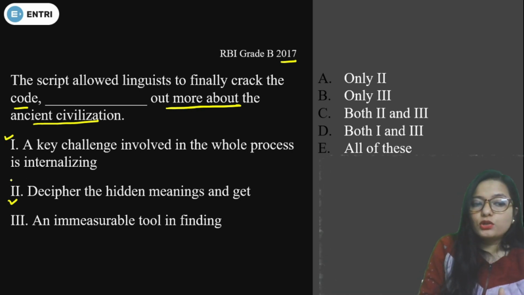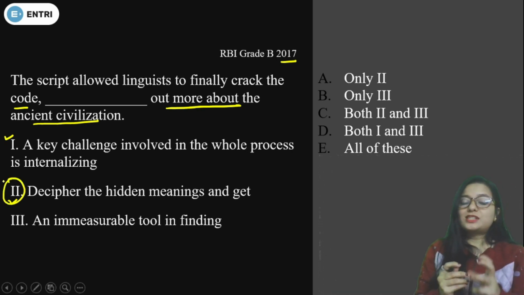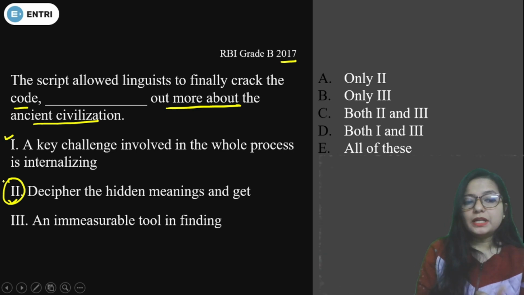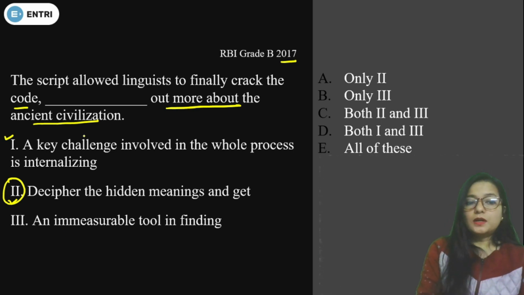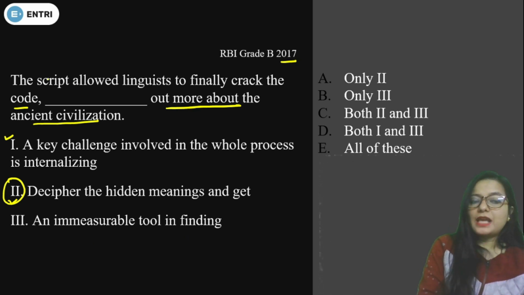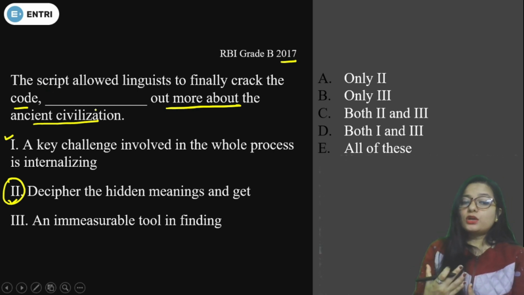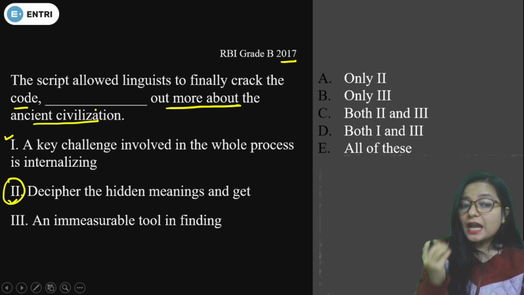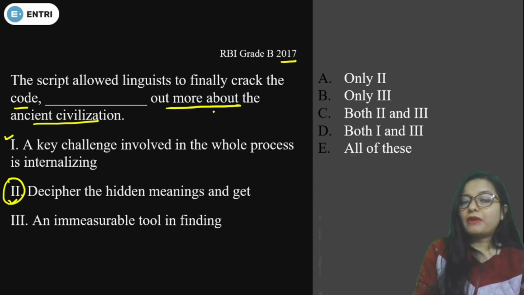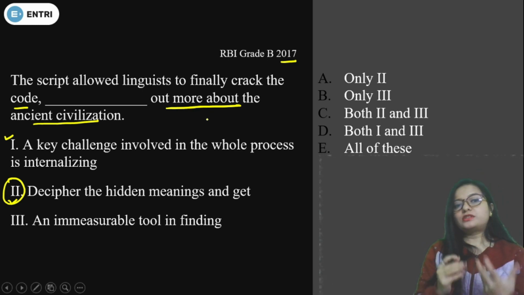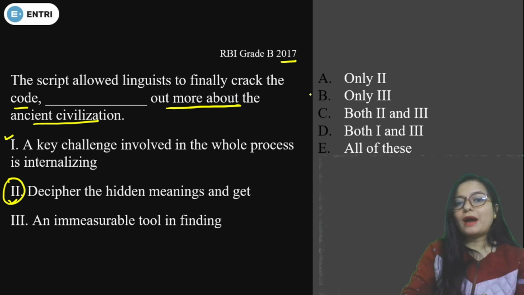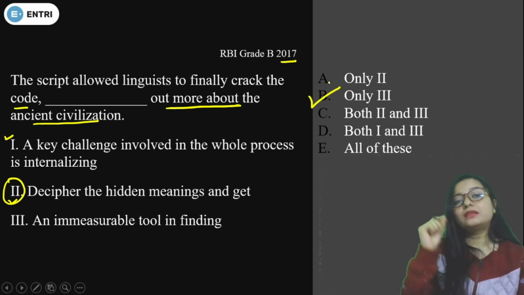No, you cannot use this one also because it means to decode the hidden meanings. But C says, "an immeasurable tool in finding." Yes, we have to use this sentence only. The script allowed linguists to finally crack the code and an immeasurable tool in finding out more about the ancient civilizations. So that is how you have to mark B, which has only 3.